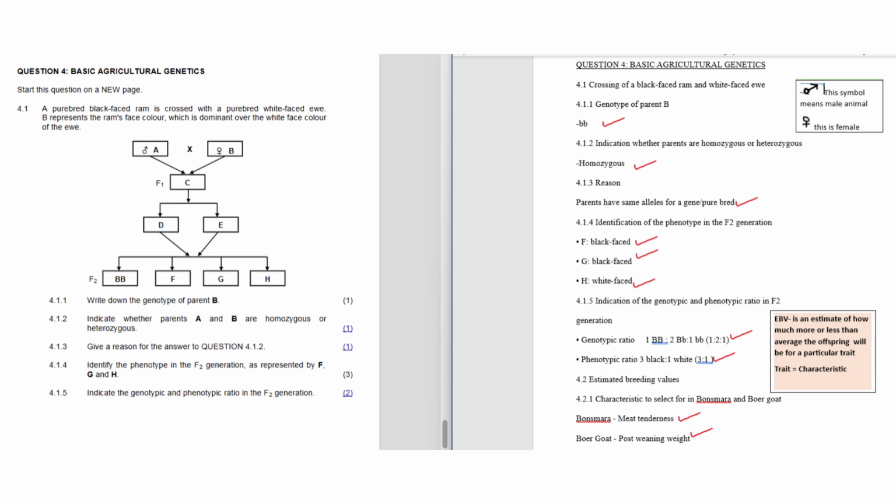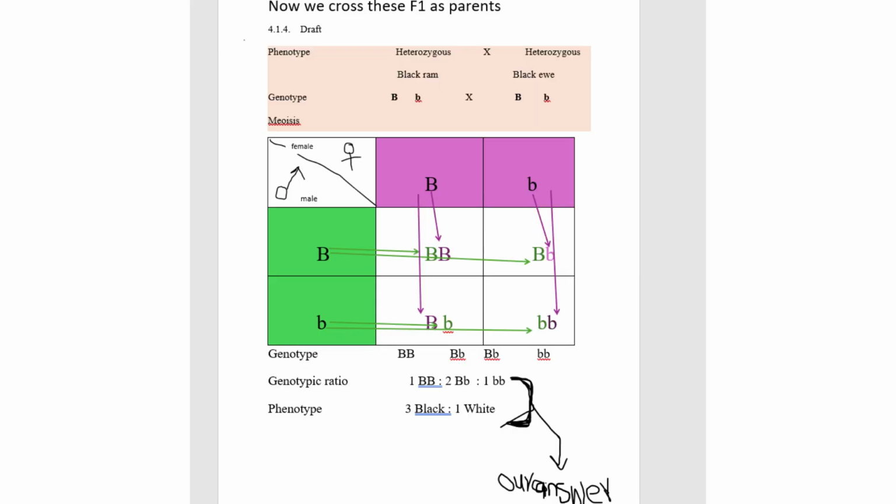4.1.5. Phenotypic ratio and genotypic ratio in the second filial generation. So if you have already done these workings on a scribble assignment, then you can work out your phenotypic ratio quickly.